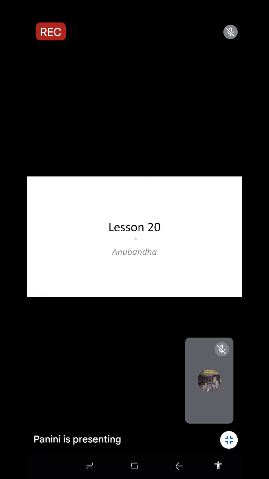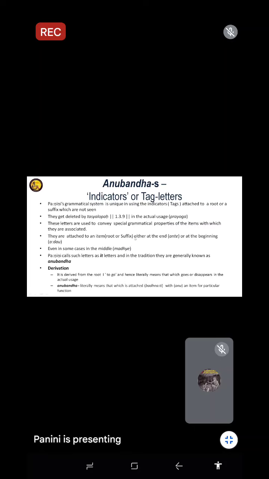So in linguistics, it is used to classify the phonemes in the language. Similarly in a computer system, a tag is a keyword or term assigned to a piece of information.